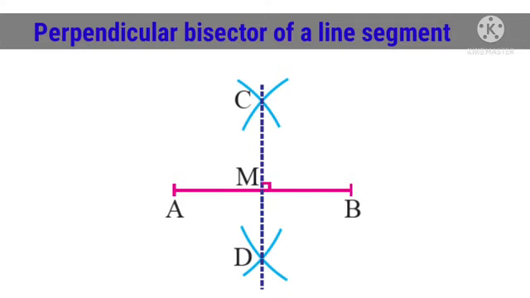Take a distance greater than or equal to half of the line segment AB and draw arcs from points A and B. These two arcs intersect at points C and D. Then draw a line through C and D. It is the perpendicular bisector of line segment AB. Here angle M is 90 degrees and AM is equal to MB. Bisect means AM is equal to MB.